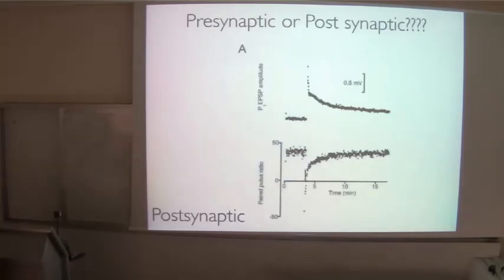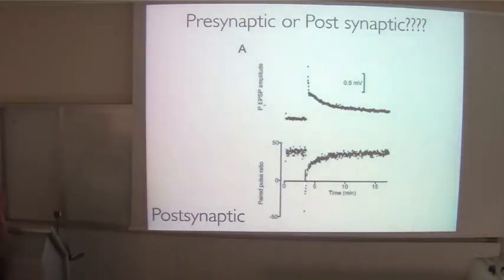So two things that I wanted to show you about evidence. These are kind of old evidence for postsynaptic and presynaptic. One of the things that you can see is, you have an LTP experiment, you have a change in the average EPSP, but what we call the paired pulse ratio.